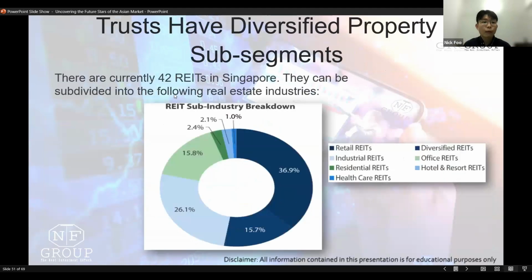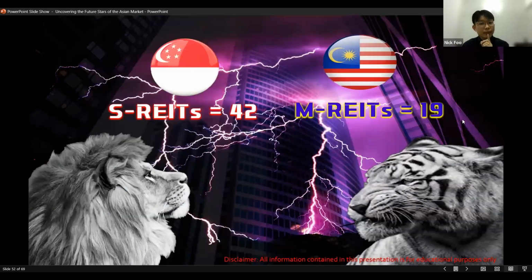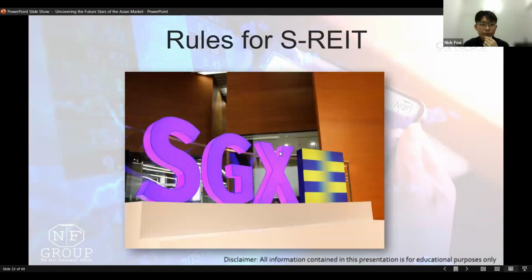There are about 42 REITs listed on the Singapore Stock Exchange, unlike Malaysia, where there are only 19. In Hong Kong, about 11 to 12. Definitely the Singapore stock market is quite popular for REITs.